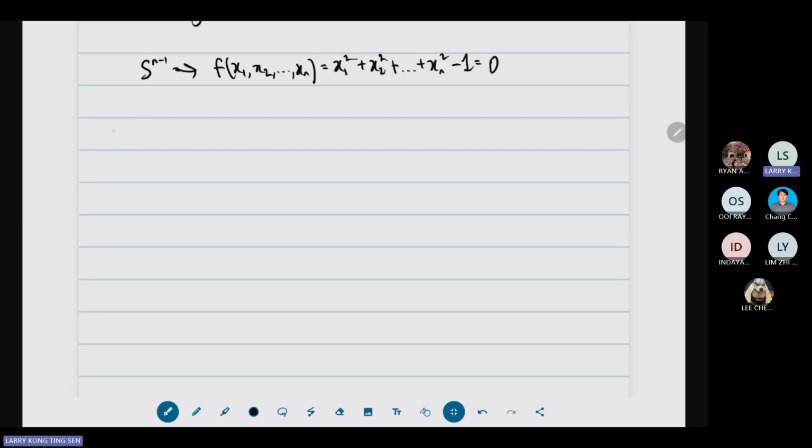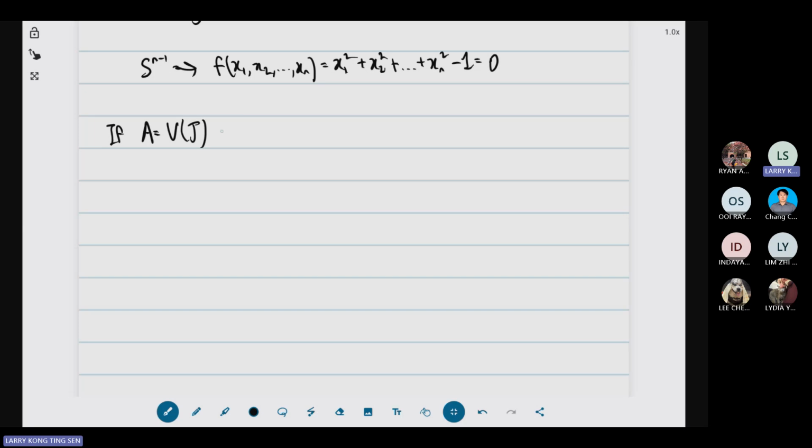That is to say, if A is the zero set of some ideal J of the polynomial ring, and H is a hypersurface, then we have the following.